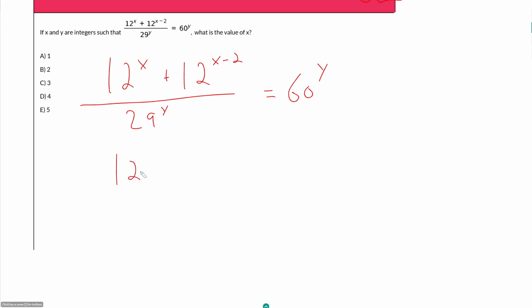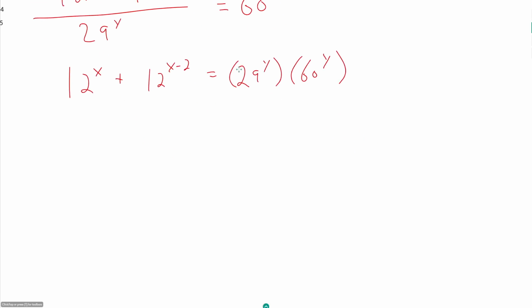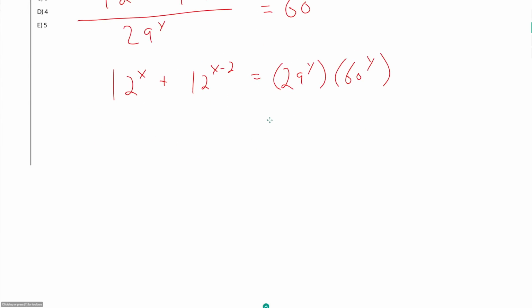So I get 12 raised to the x plus 12 raised to the x minus 2 is equal to 29 raised to the y times 60 raised to the y. So now I no longer have a fraction on the left side. My two sides still don't really look that close to each other. I don't have many bases in common on my left and right side. I do have two 12s over here.